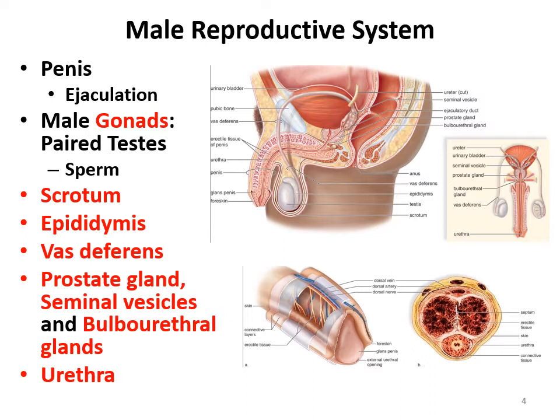Very important hormone. Then there is the scrotum, and the scrotum is the protective sac that's covering those gonads, those testes. And having the scrotum is very important for this kind of reproductive system because think about it.